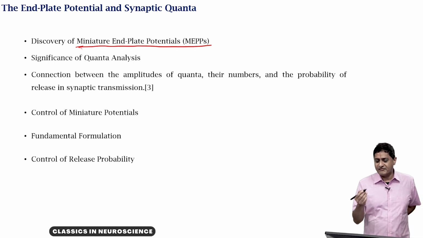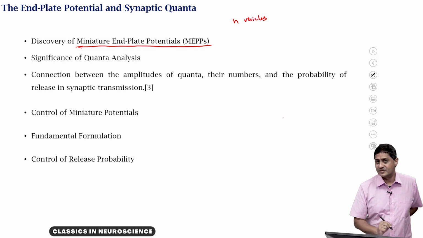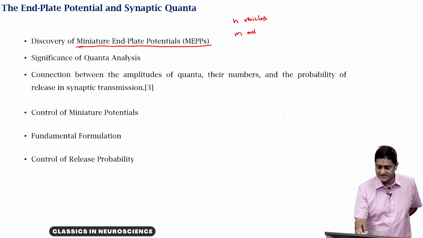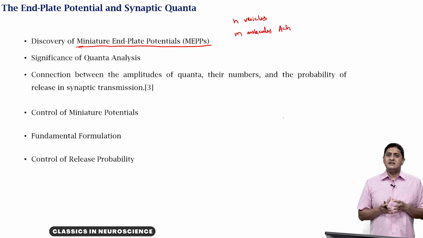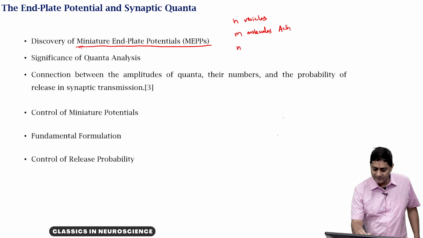So, for example, if there are n vesicles that are released and each of them contains m molecules of ACh, the number of molecules of acetylcholine that attaches to the postsynaptic cell will be n times m.